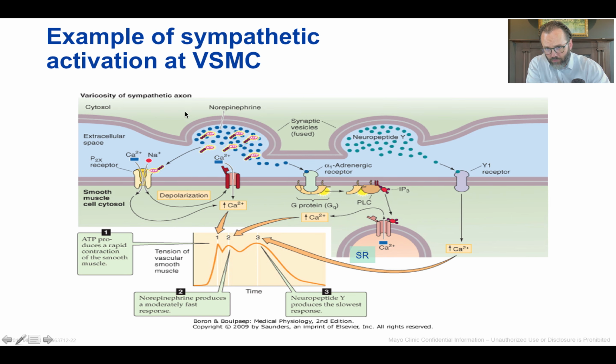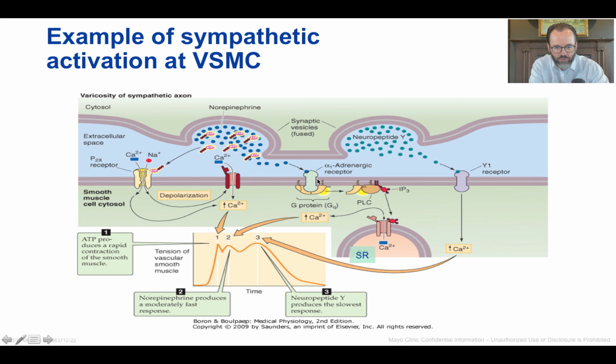Now, when we look in more detail at the example of sympathetic activation at, let's say, the site of a vascular smooth muscle cell or a vascular bed or blood vessel region, you can see that here we've got release of norepinephrine occurring with a frequency or magnitude proportional to neuronal firing rate. Then we have the release of norepinephrine into the synaptic cleft that ends up diffusing to the vascular smooth muscle.